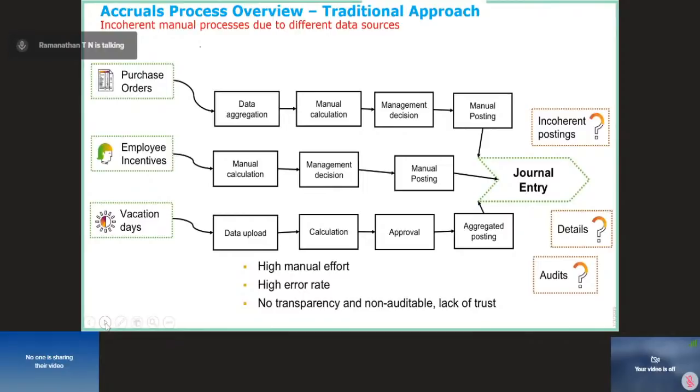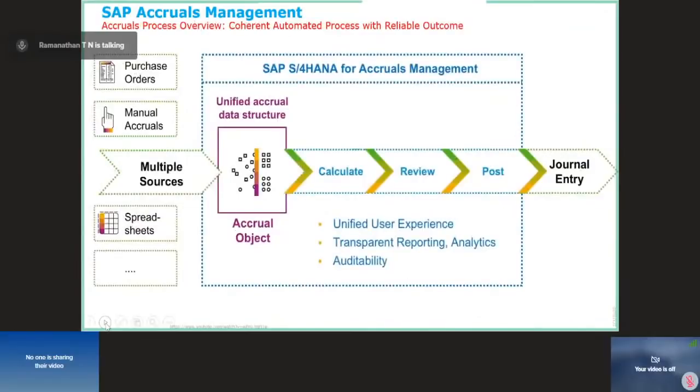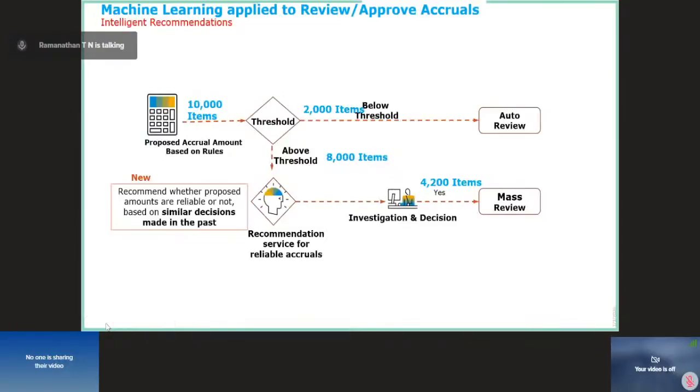But with this accrual management on S/4HANA, typically organizations are able to demonstrate the complete data structure, right from the calculation. They provide the auditability that the auditors typically look at, right down to the purchase order, the breakdown of the line items at the goods receipt, or the potential basis of calculations for the accruals. So this is an example of machine learning, right?